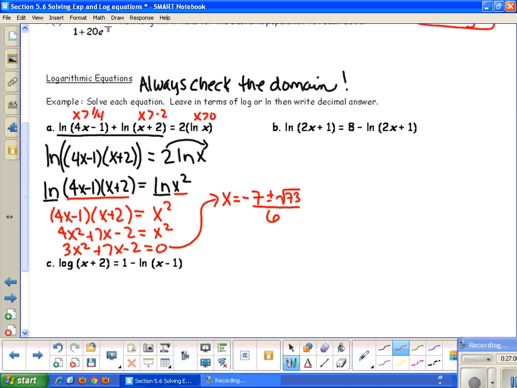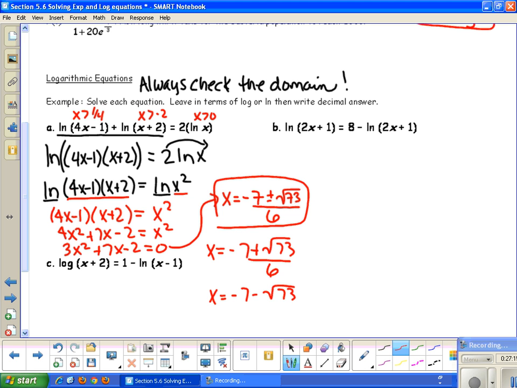Now, if we do our equations, that means we're going to have to find the decimal of each of these. So we're going to have to do negative 7 plus root 73 divided by 6 and negative 7 minus root 73 divided by 6 and check the decimal form of each of these. So I'm going to plug that into my calculator and you guys can do the same.